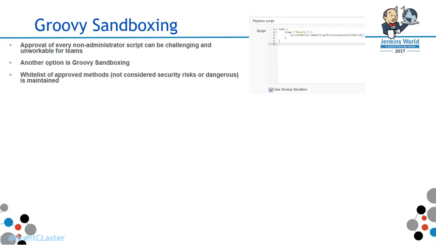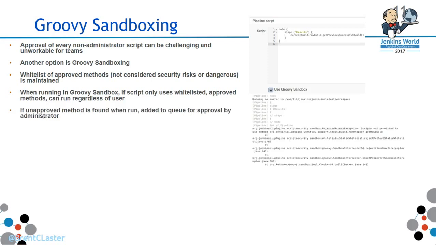So if you are running your script, and you've got the same call to get previous successful build, and you run it in the Groovy sandbox, it already knows that this is an okay method to call. So in that case, it goes ahead and passes, and it doesn't have to have an administrator approve it.